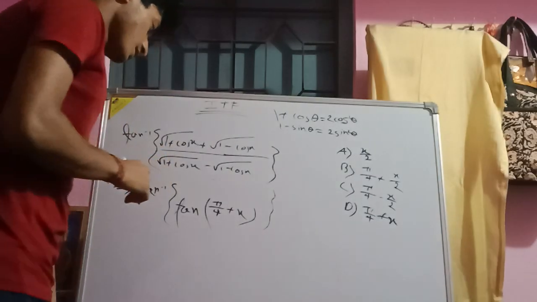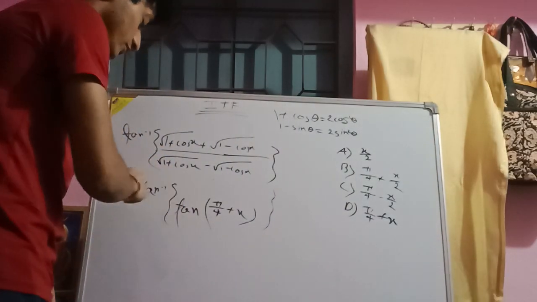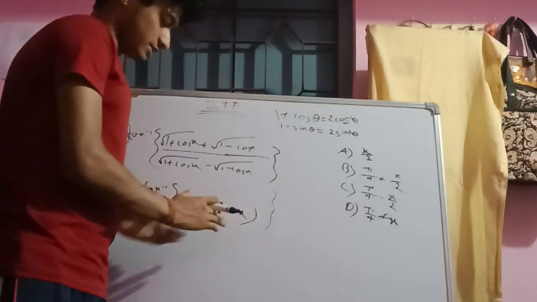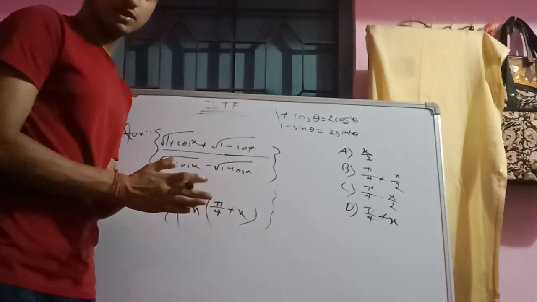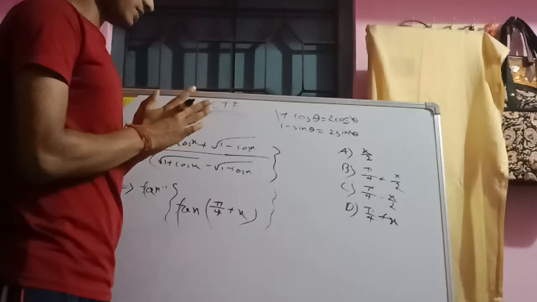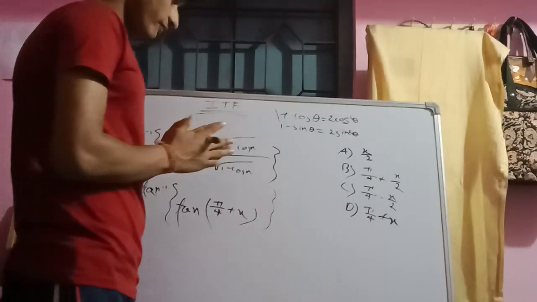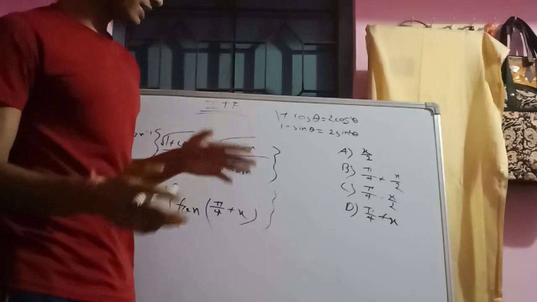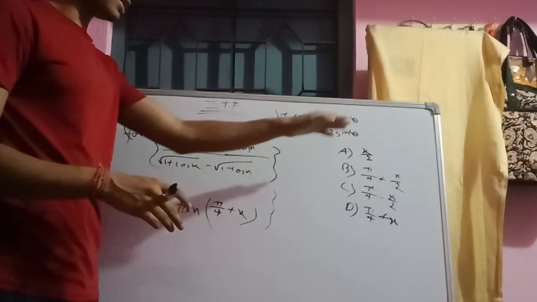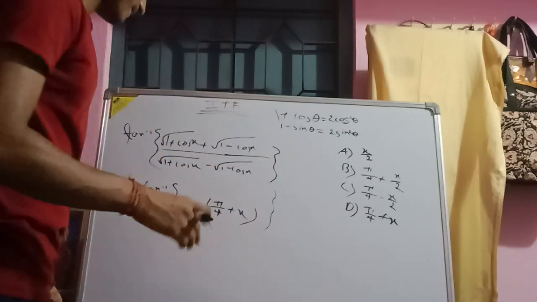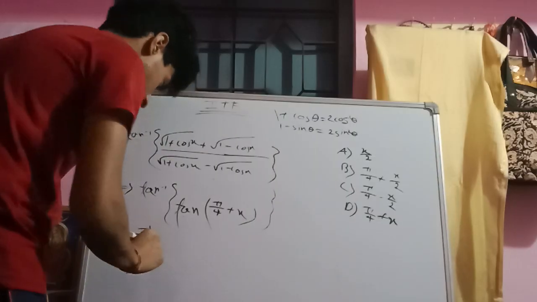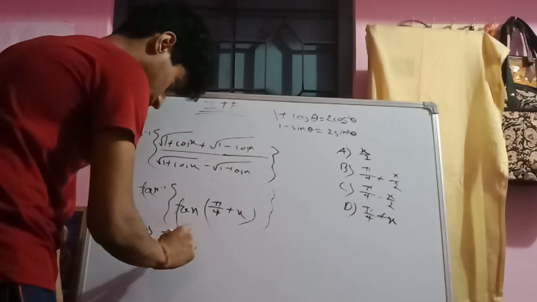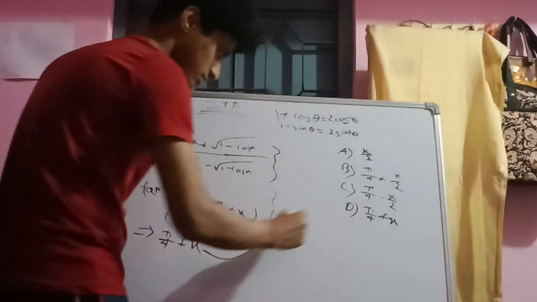Okay, now tan inverse and tan both would cancel out each other, and that would happen because this value is inside of the primary range. I know that we are not aware of what x is here, but it's most likely going to be inside of that range, because otherwise none of the options would make sense here. So this would become pi over 4 plus x, which is again option D.